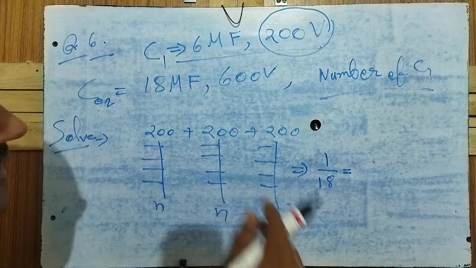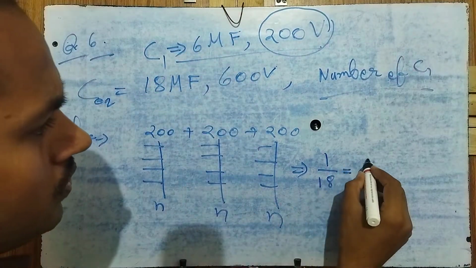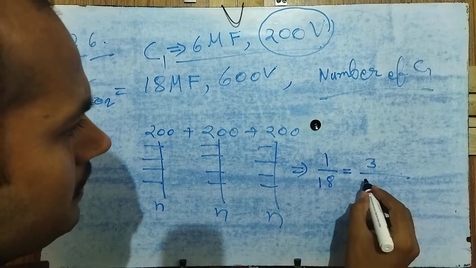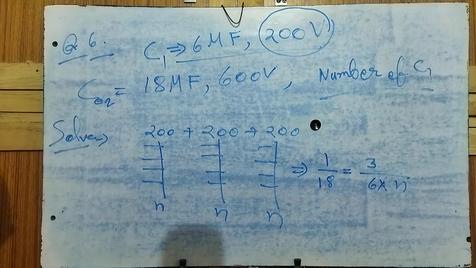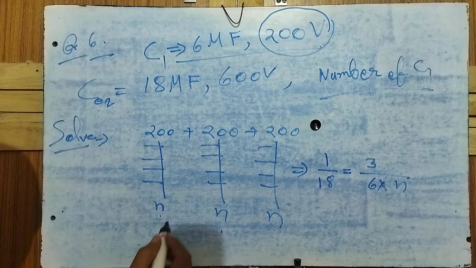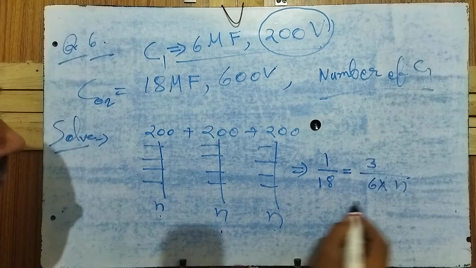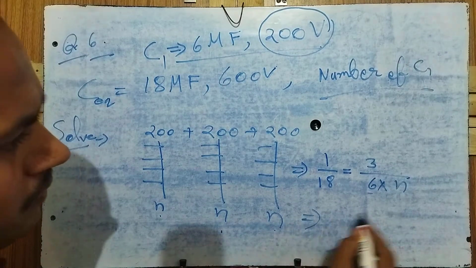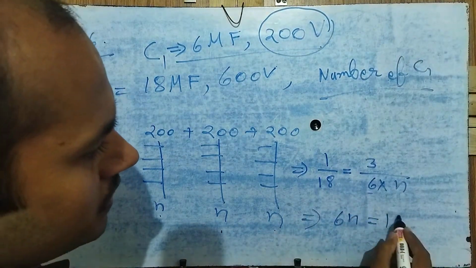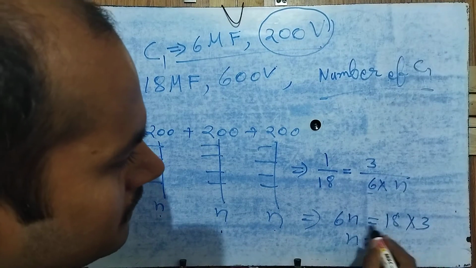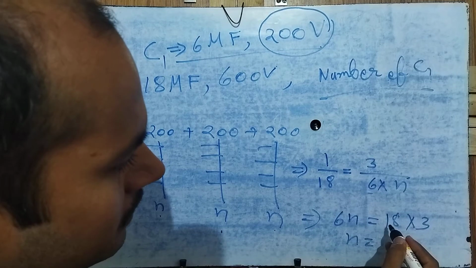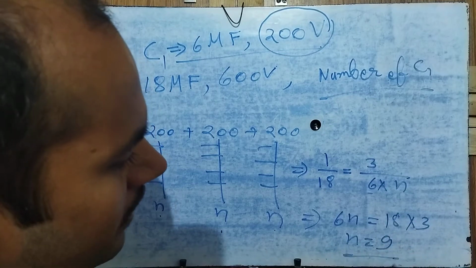C1 is what? 6 microfarad. So 3 by 6n. 1 by n C1. So it will be 6n is equal to 18 into 3. So n is equal to 6 into 3 18, 18 3 into 3 9. So n is equal to 9.